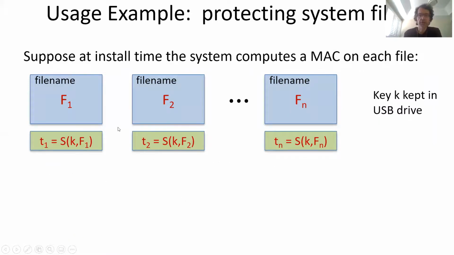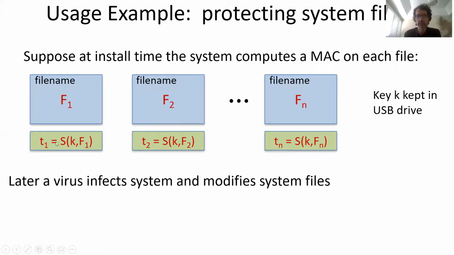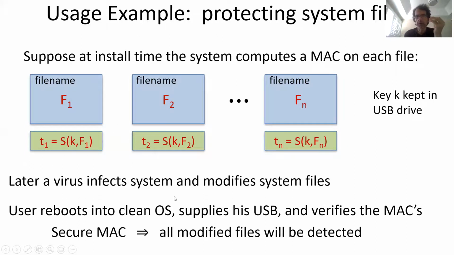So if you have such a MAC scheme, then you have a secure file system, because if you have a key on a USB, you create these MACs and attach them to files. And if the virus modifies this and somehow can create a pair, capital F, little t, that when you stick a USB later and you verify, it actually verifies, but it's new, then he breaks the MAC scheme, right?